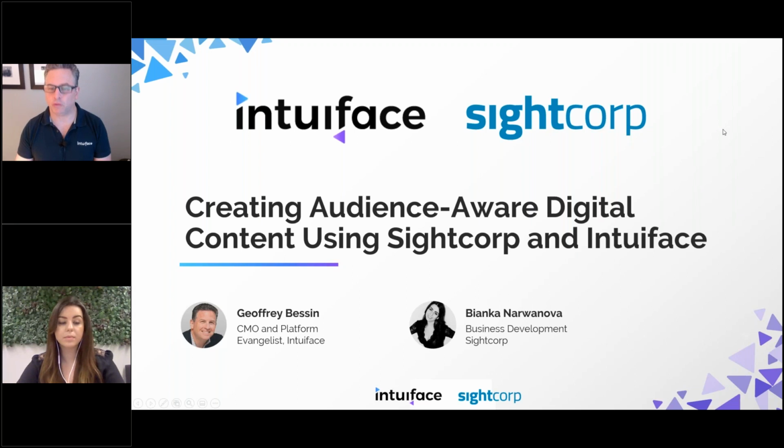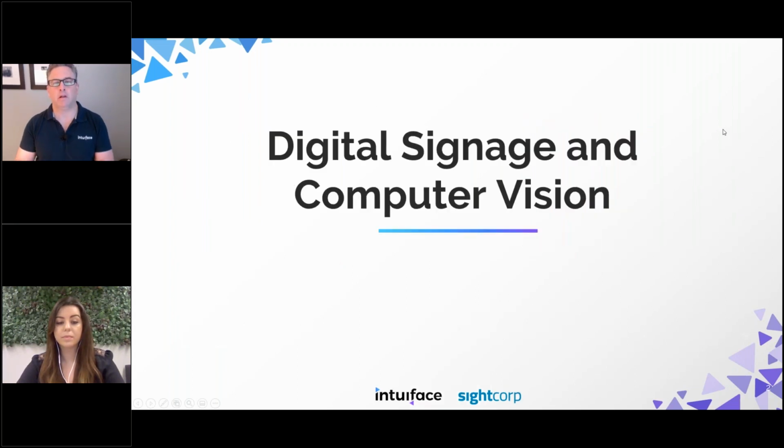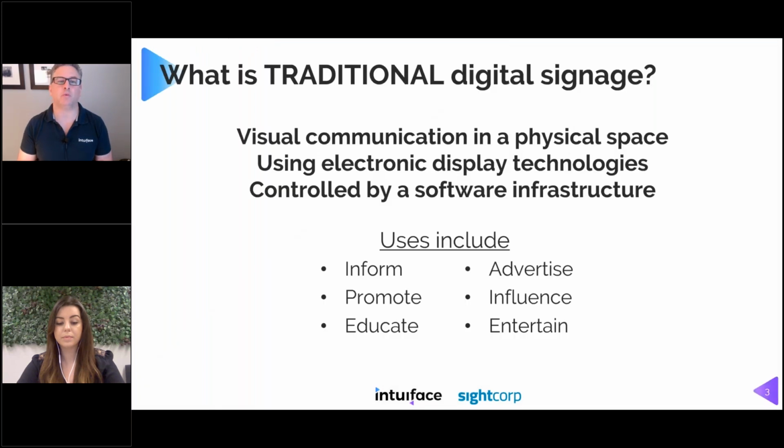What I'd like to do is begin by discussing the broader notion of digital signage and its intersection with computer vision. And perhaps it's best to start by talking about traditional digital signage. This is a physical space kind of thing. So typically it's visual. I mean, there can be auditory components as well, but it's visual communication in a physical space.